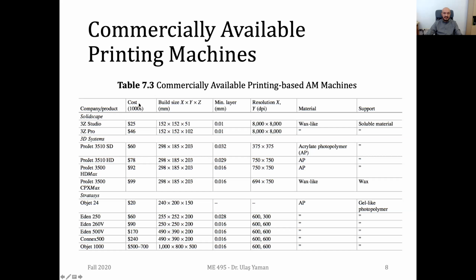But as you see, their overall cost is too much. Around $1 million, not equal to 1 million, but about $500,000, you can obtain this quite large Objet system. Since they are the only company, they are keeping the prices very high, even though they do not use lasers, very costly components. The overall system is quite expensive.